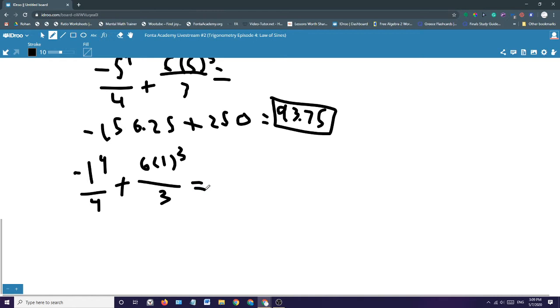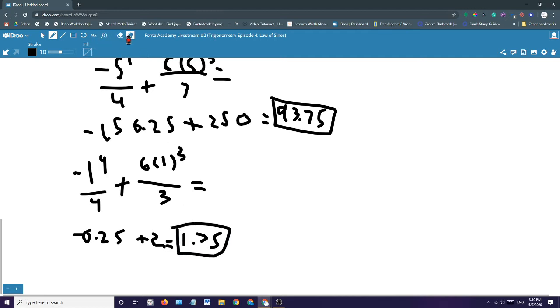That equals negative 1 to the 4th, that is negative 1, divided by 4, is negative 0.25, plus 6 times 1 to the power of 3 is 6, divided by 3 is 2. Negative 0.25 plus 2 is 1.75.